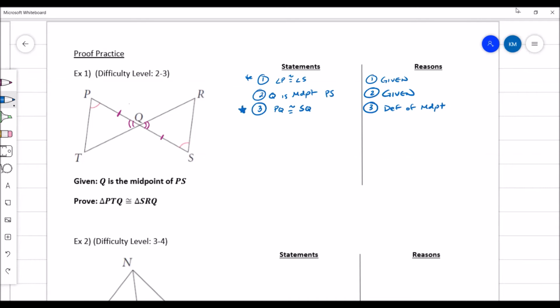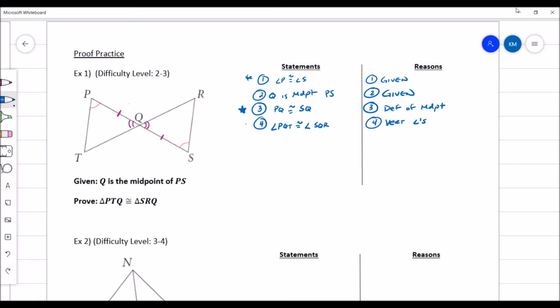And then finally, we were able to say that angle PQT was congruent to angle SQR, and that was because vertical angles are congruent. I'll just write vertical angles there.